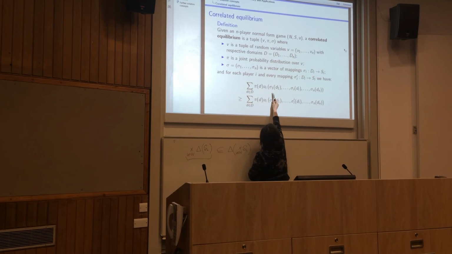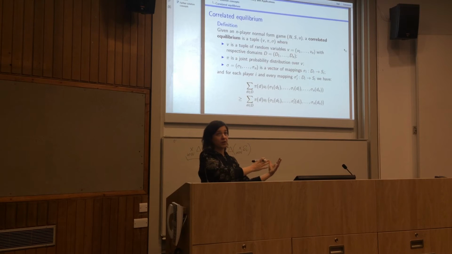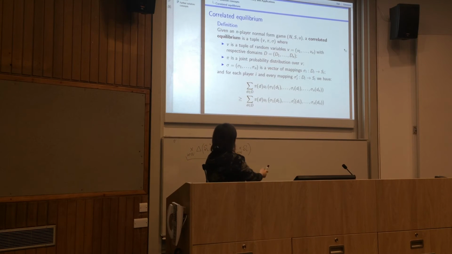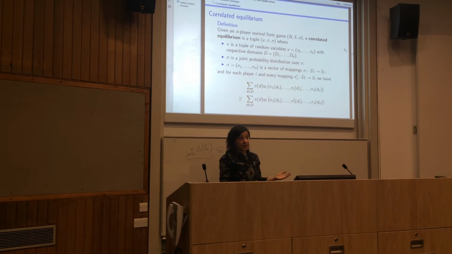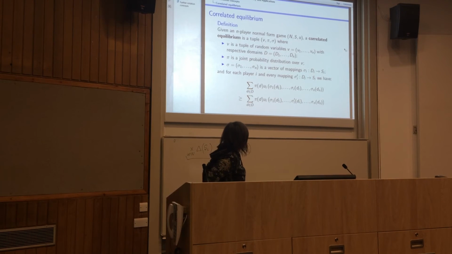Now, each strategy for each player is given by the mapping of the realization of the random variable to the set of pure actions. Okay. So the argument under U is just the combination of pure strategies now, right? Which depend on the realization of the random variable. You take those utilities and you take them with the joint probability distribution of that.